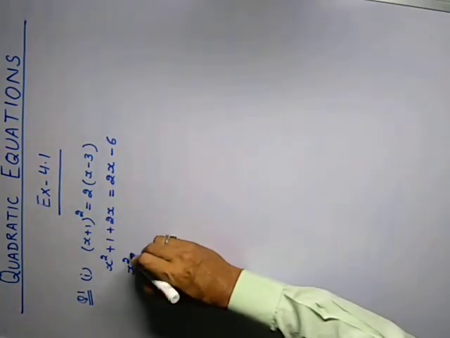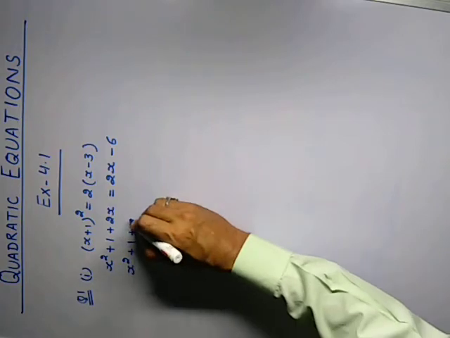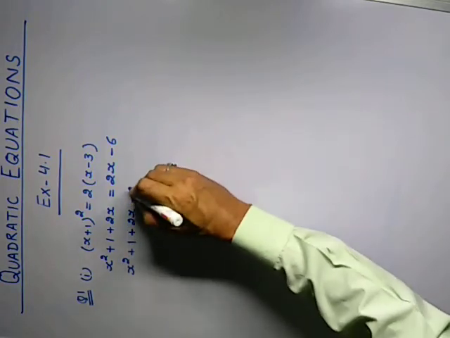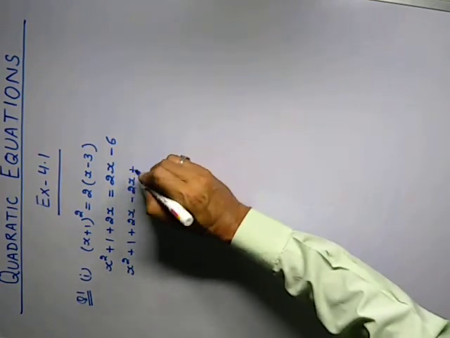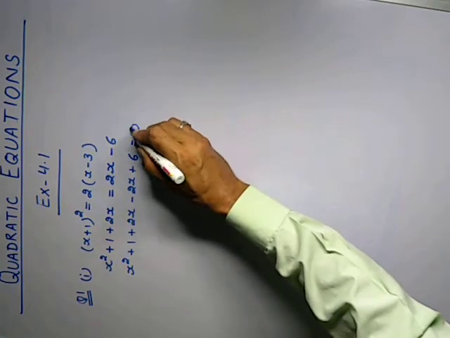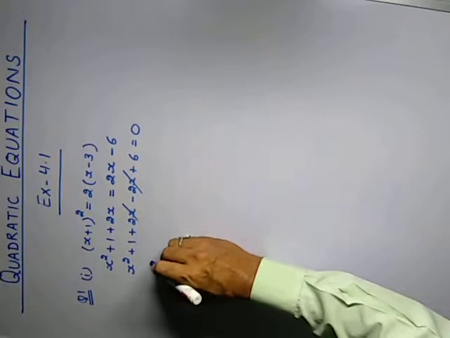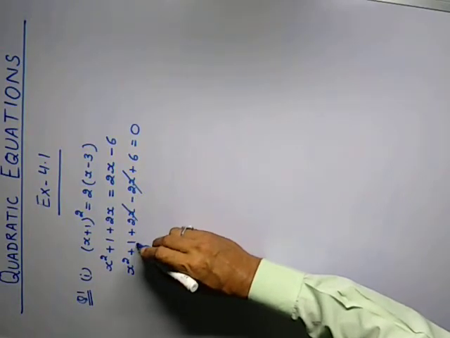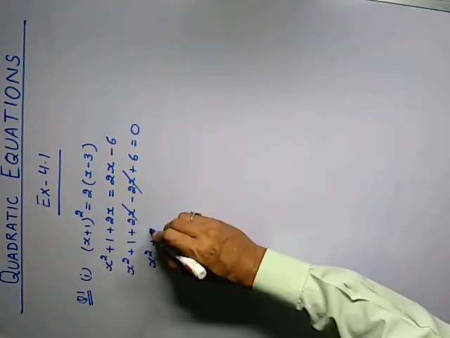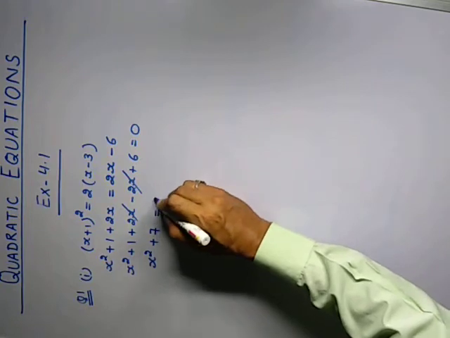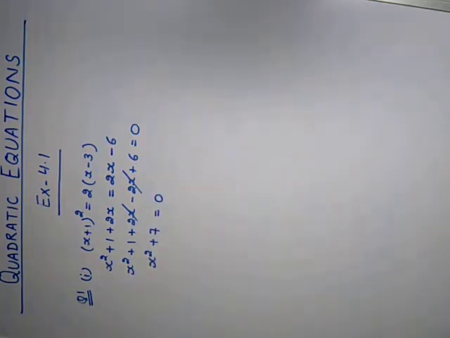Now if we shift right hand side to left hand side, it will be minus 2x plus 6 equals 0. Plus 2x minus 2x cancel out. So x square plus 1 plus 6 will be plus 7. So x square plus 7 equals 0.